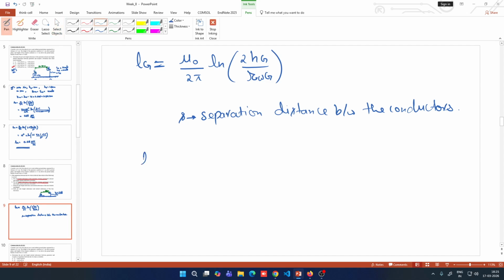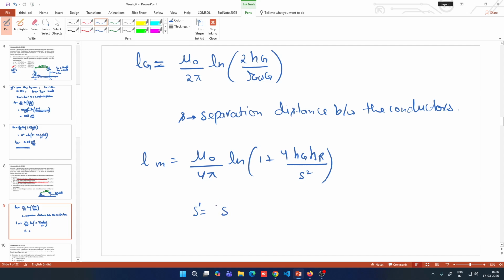For that the formula was Lm equals mu naught by 4 pi natural log of 1 plus 4 times Hg into Hr divided by S square. In the problem, I denote the new separation distance S prime as S by 2.